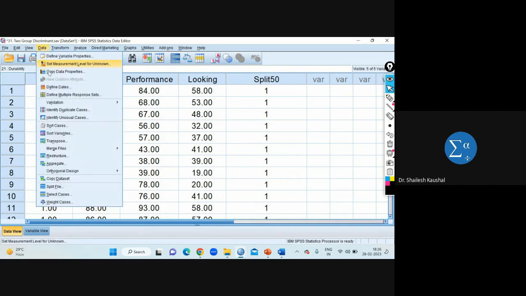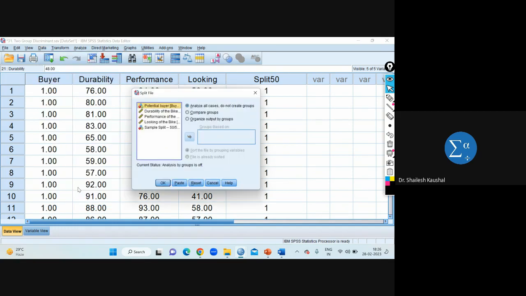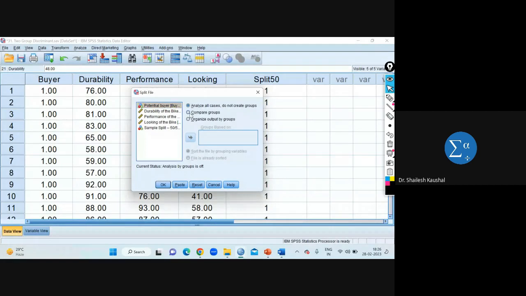Go to Data, Split File, then Compare Groups and Sample Statistics, and then transfer the variable into this box, and then OK.